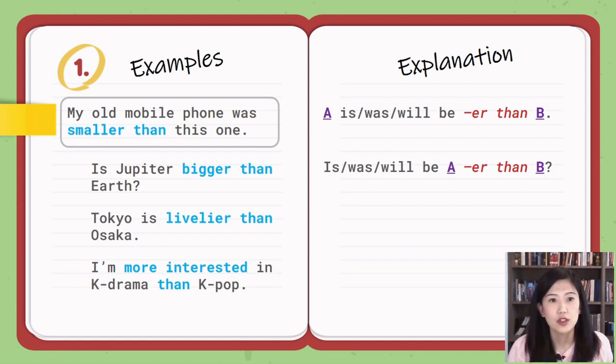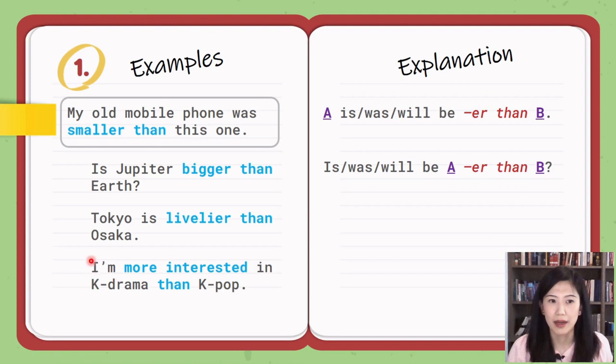Similarly, Tokyo is livelier than Osaka. A is, ER then, B. Follows the exact same format. Now, number 3 is where it gets tricky.